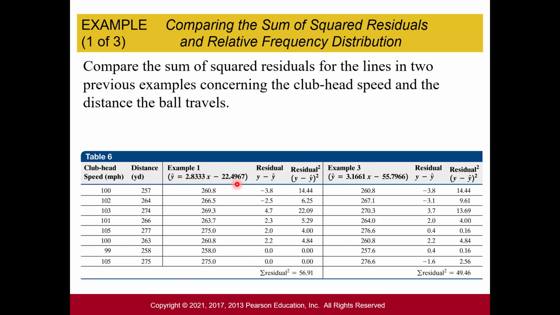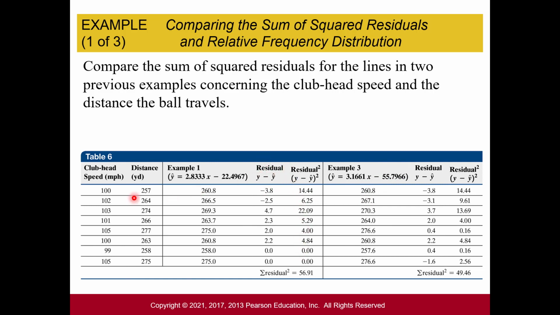We can use that equation. And then we did the same thing, but we did it with our least squares regression formula. And so notice it's a different equation than our first one. Different slope, and the y-intercept's different. And then what we want to do is calculate the squares of the residuals.